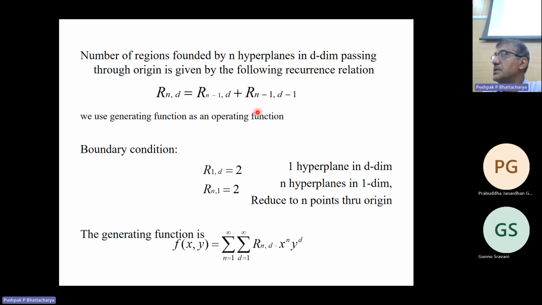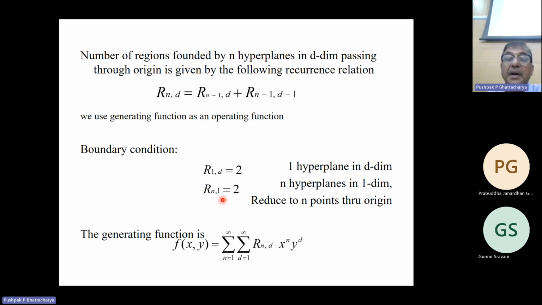So the recurrence relation must be clear to you from the example of working it out for lines, planes in 3-dimensional space, and so on. The boundary condition is this: R(1, d) is equal to 2. So that's intuitive. In the d-dimensional space, only one hyperplane produces 2 regions.